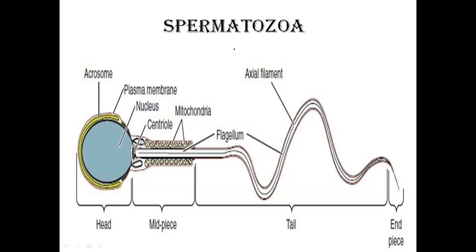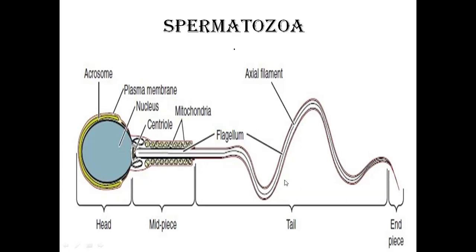Then we come to the middle piece, where there is a centriole, which gives rise to the pair of microtubules, and here we see that the mitochondria aggregate, because this flagellated tube requires a high amount of energy for its movement, and this energy is supplied by the mitochondria.